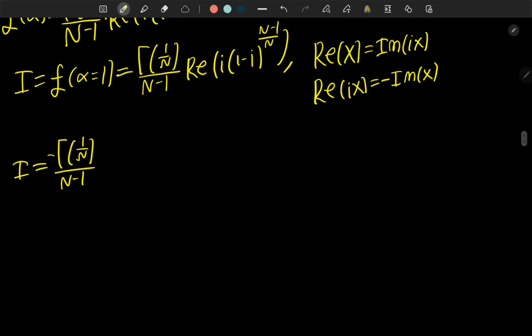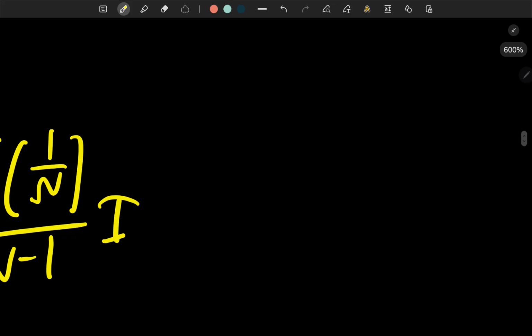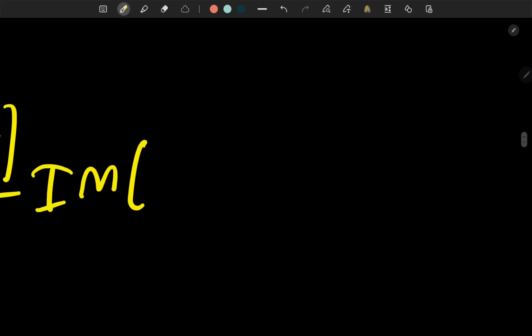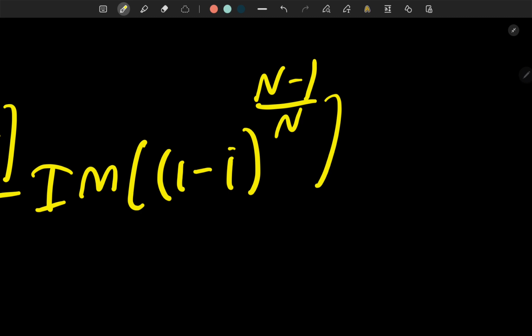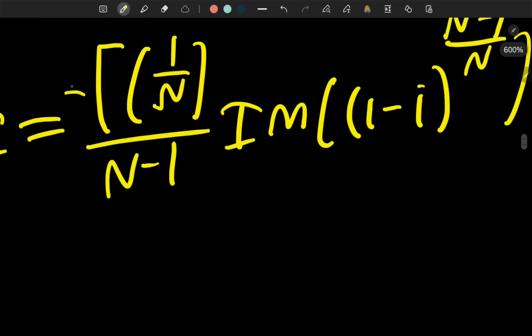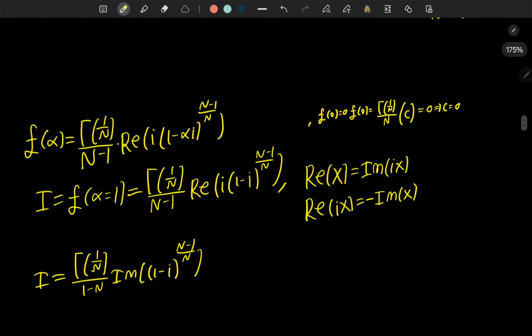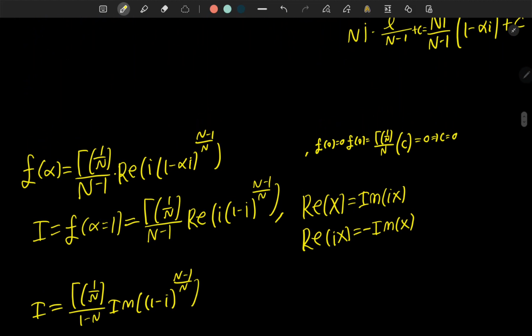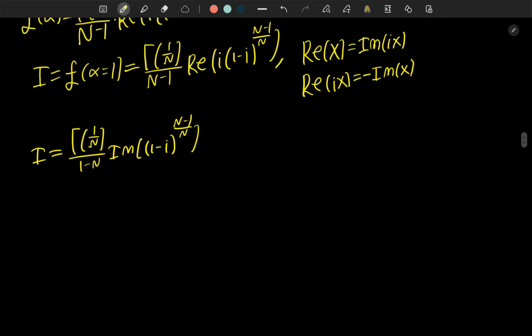So we can bring out the negative, imaginary part of the exact same thing, except without the I. Okay. Very nice. And we can just go ahead and use this negative right here to just change this to 1 minus n, I believe. Yes. This is true. Yes. Okay. 1 minus n.